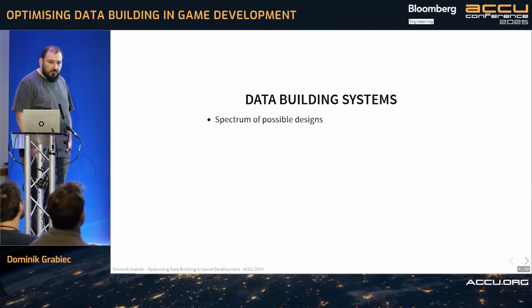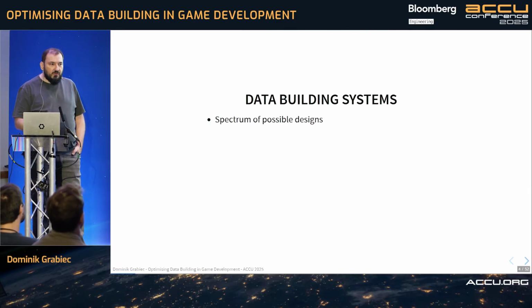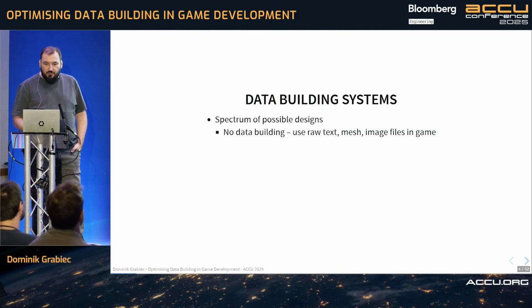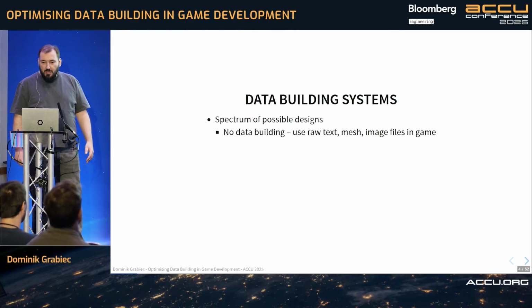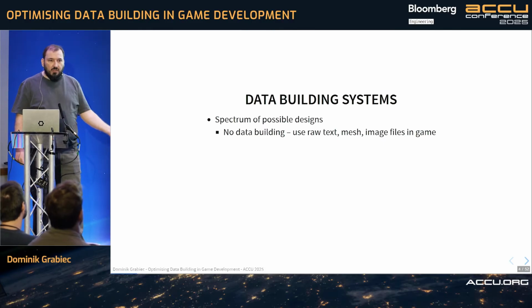So there's a spectrum, a range of possible designs for data build systems in games, going from the minimal, which is just loading the files created directly from content creation tools into the game. So you can directly load PNG, FBX or Maya files, or plain JSON or XML into the game.